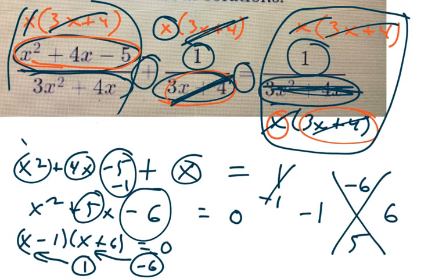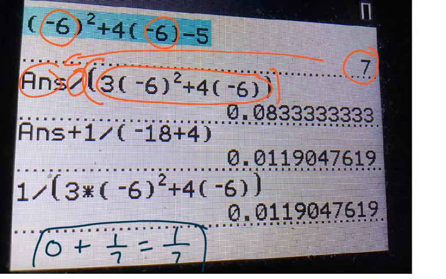What I was doing is I plugged in -6 here and here, right? I had to do 3 times -6 squared plus 4 times -6, and I was going to do that and divide it into x squared plus 4x minus 5. And so that's what I did there. So I got 0.0833.